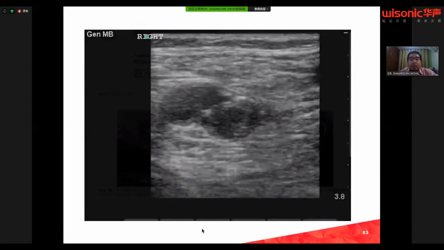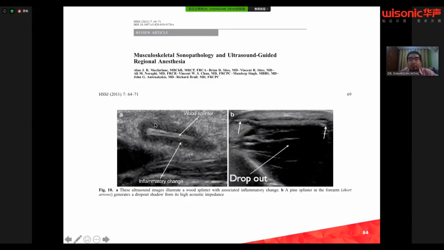For example, you can look for a splinter. Of course, this may be more true for emergency physicians, but in my experience, I've assisted surgeons to look for a foreign body, and instead of the surgeons wasting their time, I help them, particularly when we're dealing with a non-metallic object.